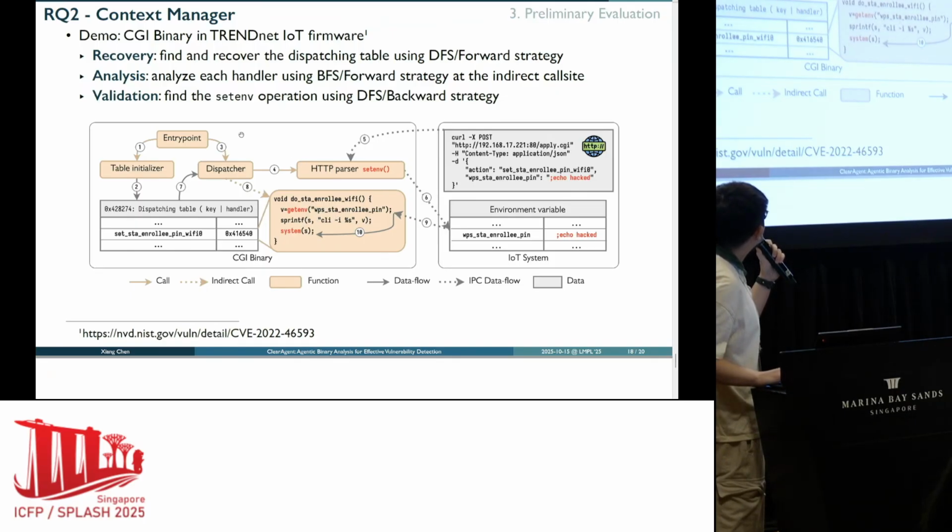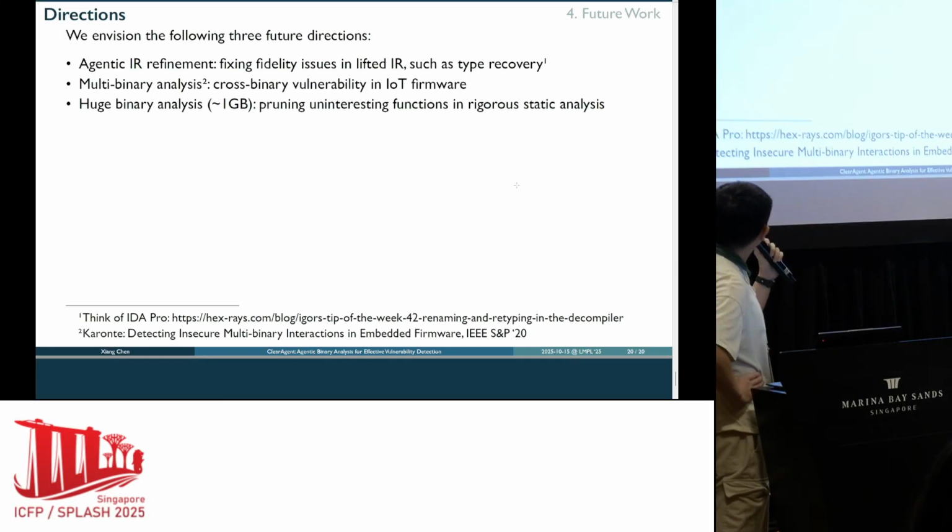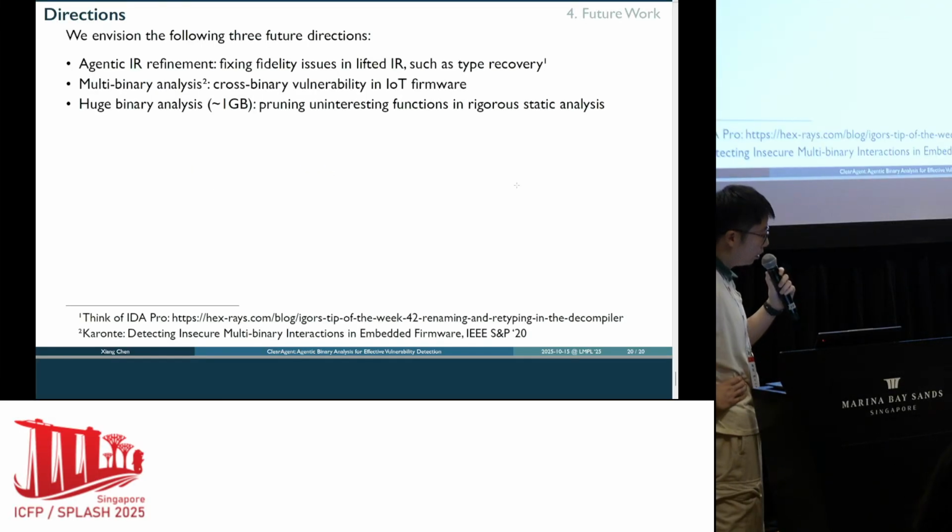Then in the validation pass, it performs a backward analysis and finds the setenv source that comes from the web packet, and it finally produces a payload like this, which helps the reproduction of the CVE.